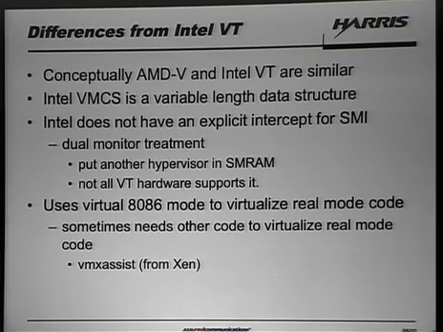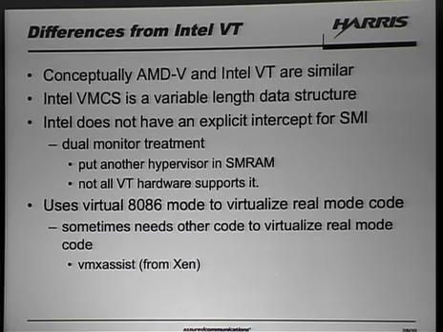But when I looked through the manual, what they had was normal treatment and dual monitor treatment. Dual monitor treatment is essentially what we talked about earlier, which is you can put another hypervisor inside SMRAM. They have another model-specific register that you can use to map SMRAM, sort of the same way that SMM CTL does.